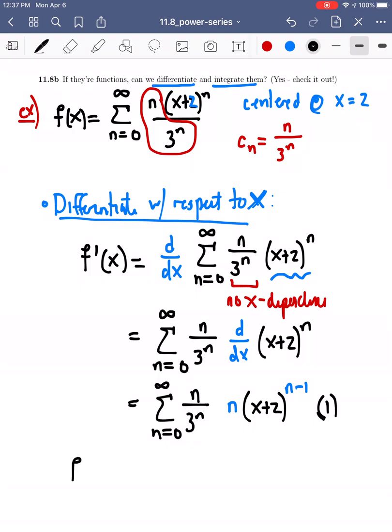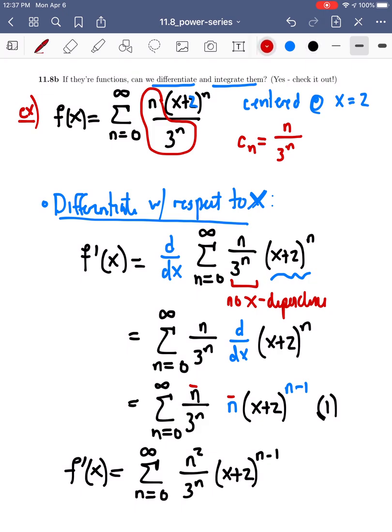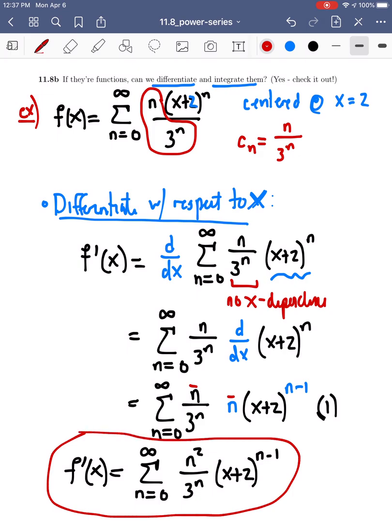So when we differentiate this power series, we actually just get the following. We get an n squared coming from the original n and the n that we got from the derivative. That 3 to the n stays the same. And the only other term there is that x plus 2 now raised to the n minus first power. So again, long story short, when we differentiate power series, we just have to differentiate the x-dependent parts.